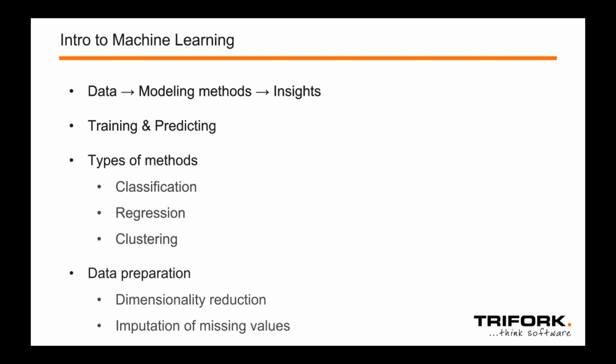And secondly, imputation of missing values. If there's a missing value, either replace it with a default value or with an average value, or even remove the dimension entirely, or the data point that has the missing value entirely.